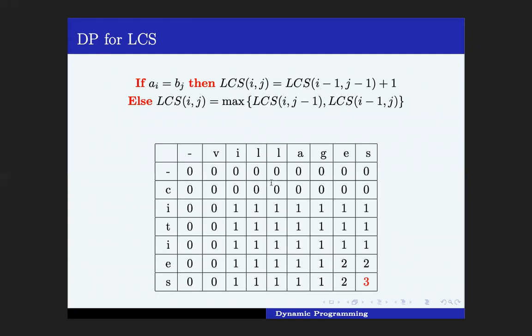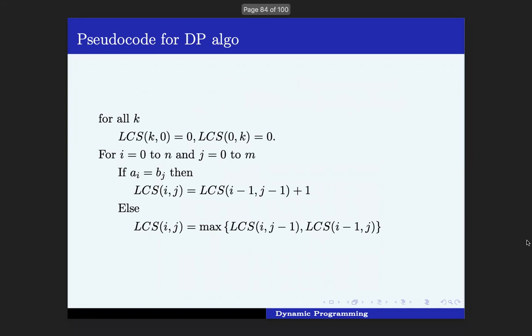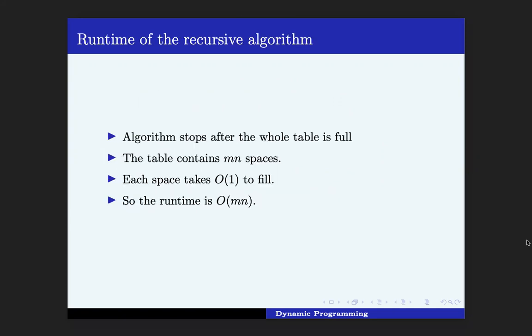To fill up any one square takes a constant amount of time, and there are nm squares, and that's it. So this is dynamic programming. The recursion remains the same. It is just the way of storing the data that helps in saving time.